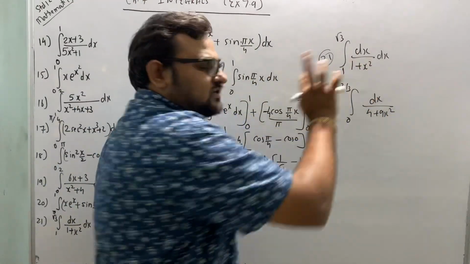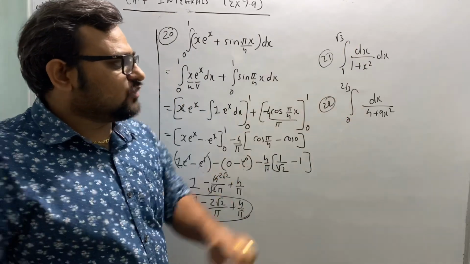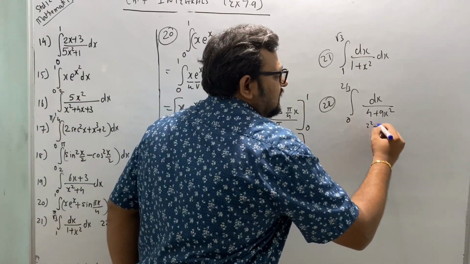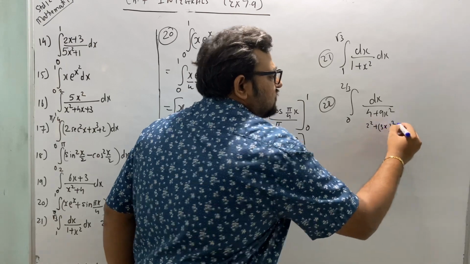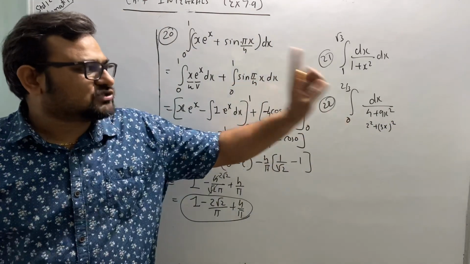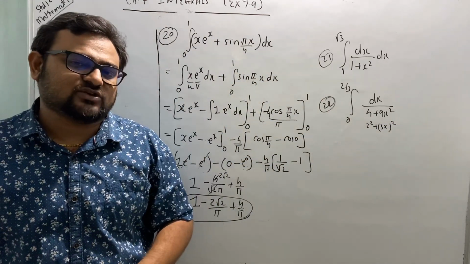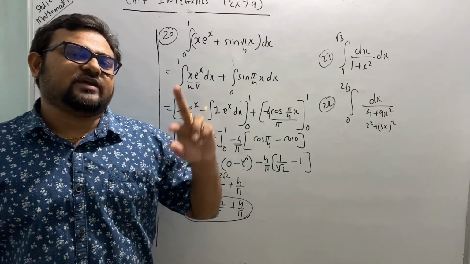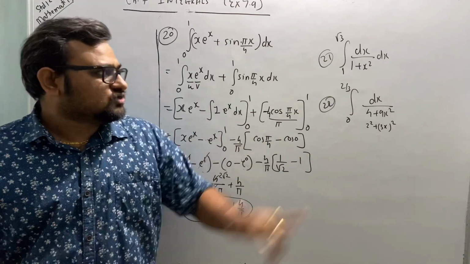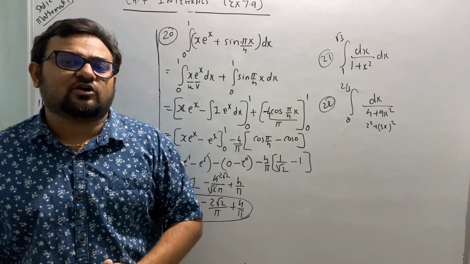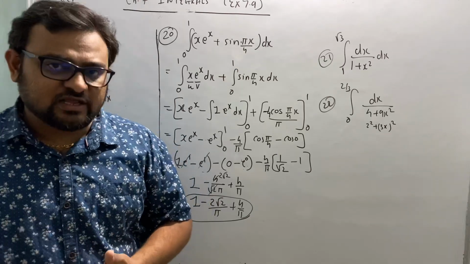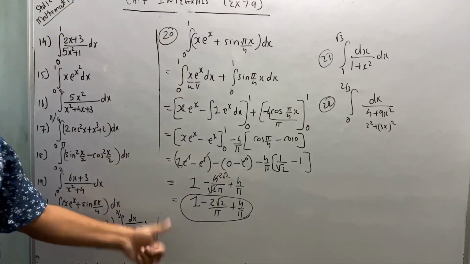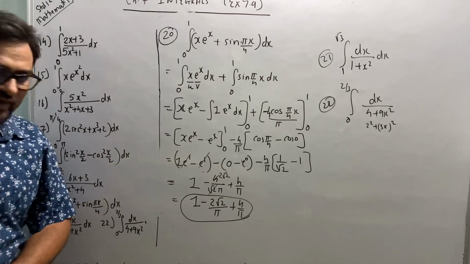Here it will be tan inverse. Okay, and then you convert this, it will be 2 square plus 3x whole square. So this will also be tan inverse, the integration of 1 upon a square plus x square. So these two sums I am giving you for yourself. Clear? So now first just look at question number 20.